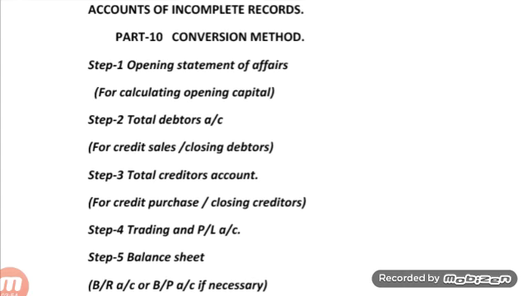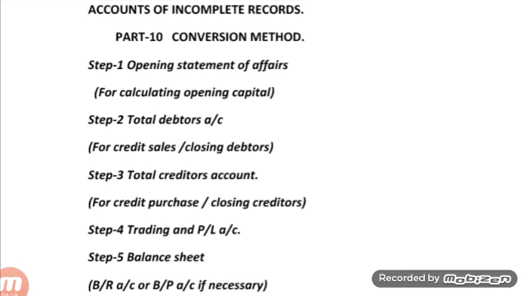Children, sometimes you may prepare bills receivable account and bills payable account if it is necessary. You have already learned the preparation of all these accounts: total debtors account, total creditors account, bills payable account, bills receivable account and statement of affairs.